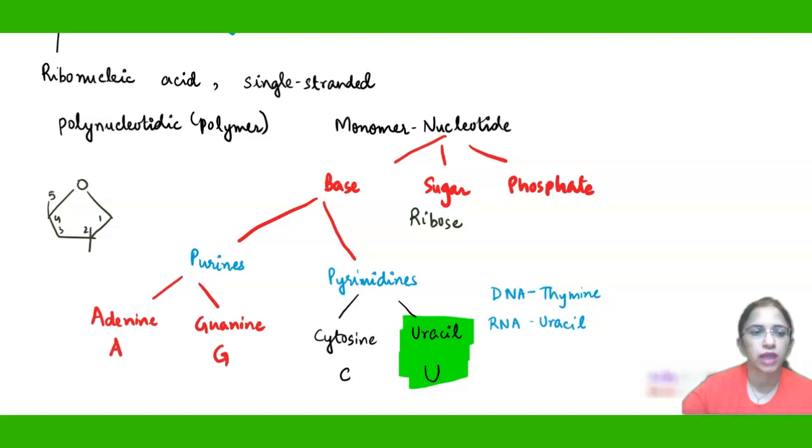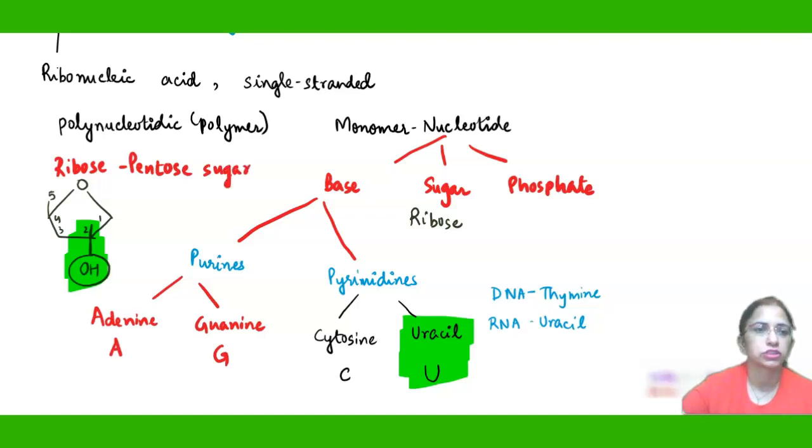Now ribose at its C2 position contains a hydroxyl group, whereas the deoxyribose sugar of DNA only contains the H group at the C2 position. This C2 with OH is present in the case of ribose sugar, and ribose is an example of a pentose sugar.